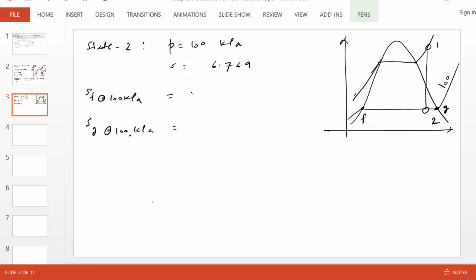So SF is 1.3026 and this is SG, and by the same token HF, we may need that a little later, so I'm just being methodical here.